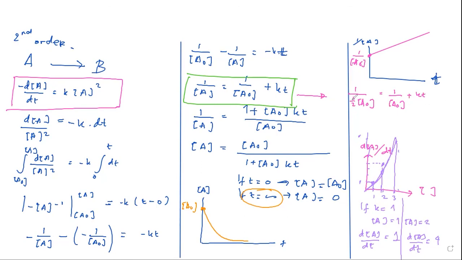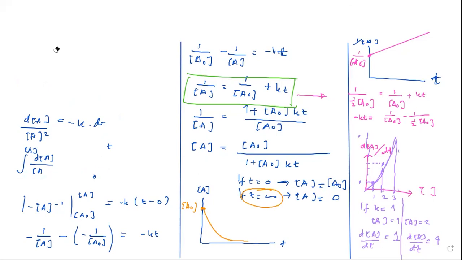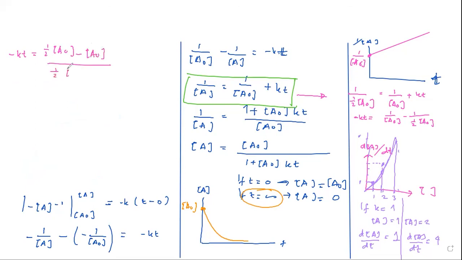Okay, shift this to the left-hand side. So negative kt equals 1 over A0 minus 1 over half A0, which gives half A0 minus A0 over half A0 squared, equals negative kt half.